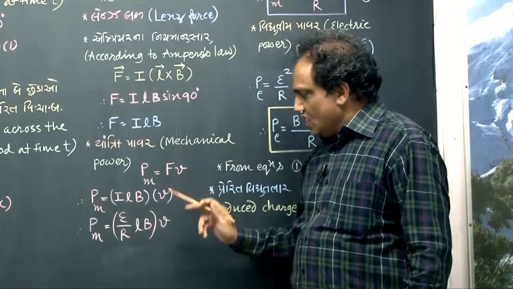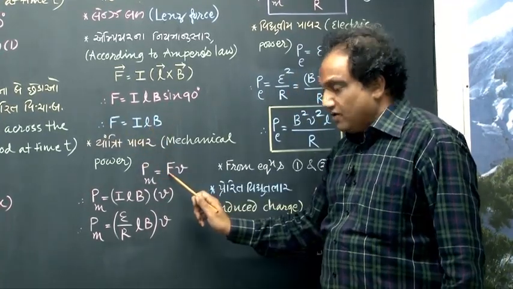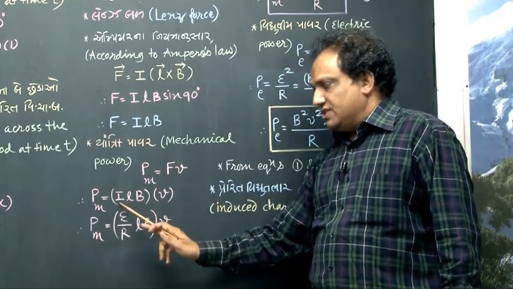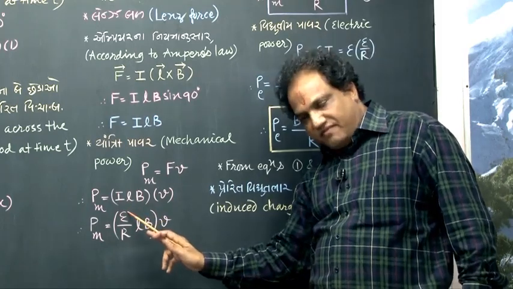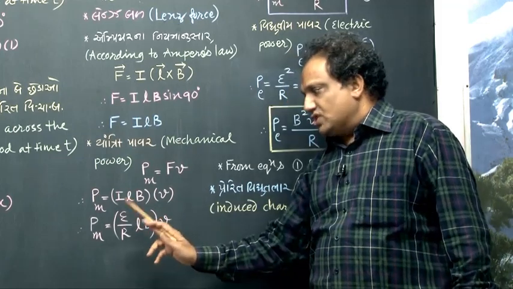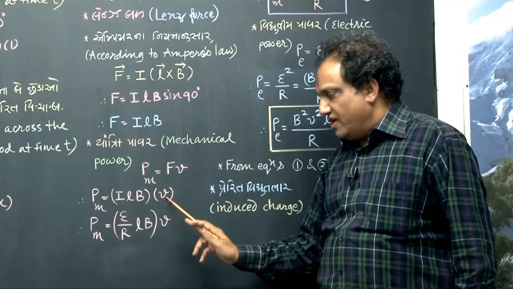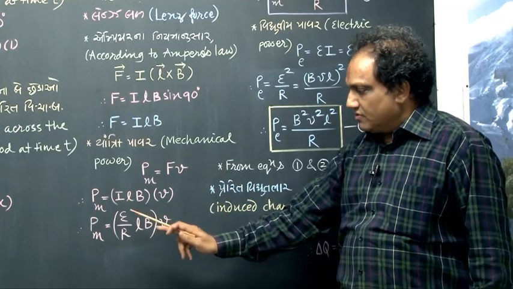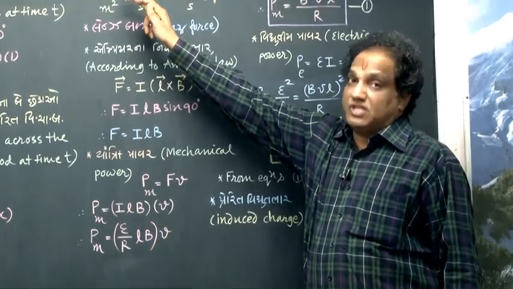Simple. F equals ILB, so P equals ILB into V. And now what is the current? Magnitude wise, it is the magnitude of induced EMF divided by ohmic resistance: current equals EMF upon resistance. What about the magnitude of E for this motional EMF?